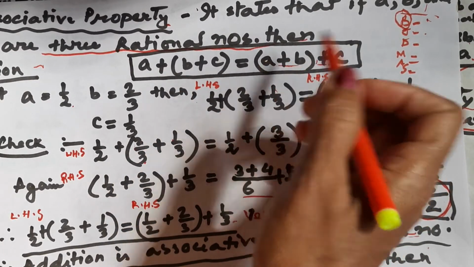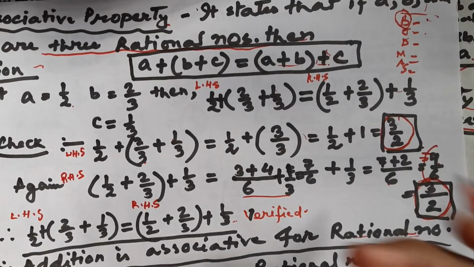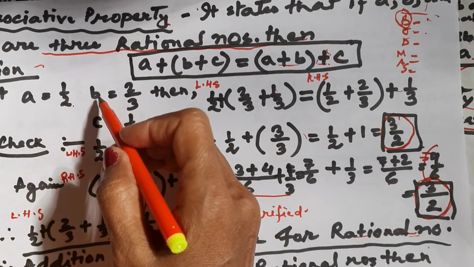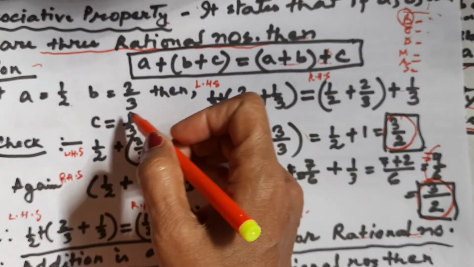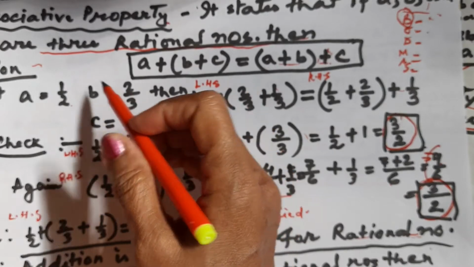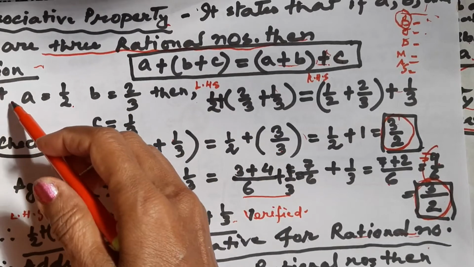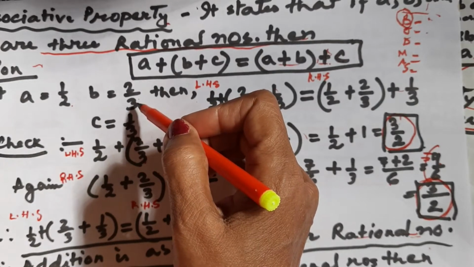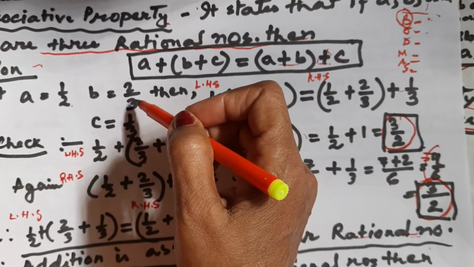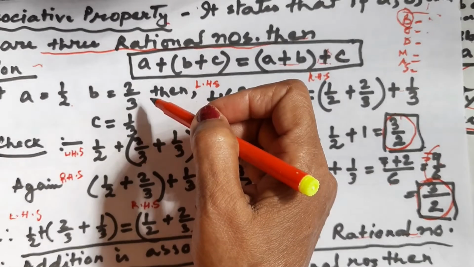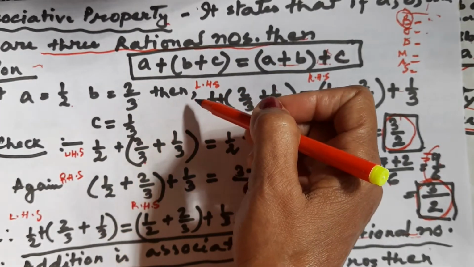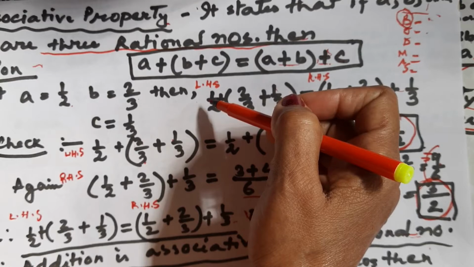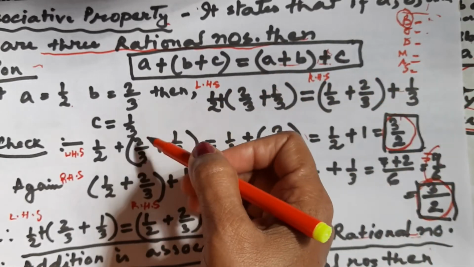So, we will take a as half, b as 2 by 3 and c as 1 by 3, and it is just an assumed value. You can take any value of rational number. Negative numbers can also be taken, and it can be checked and it will have the same result.